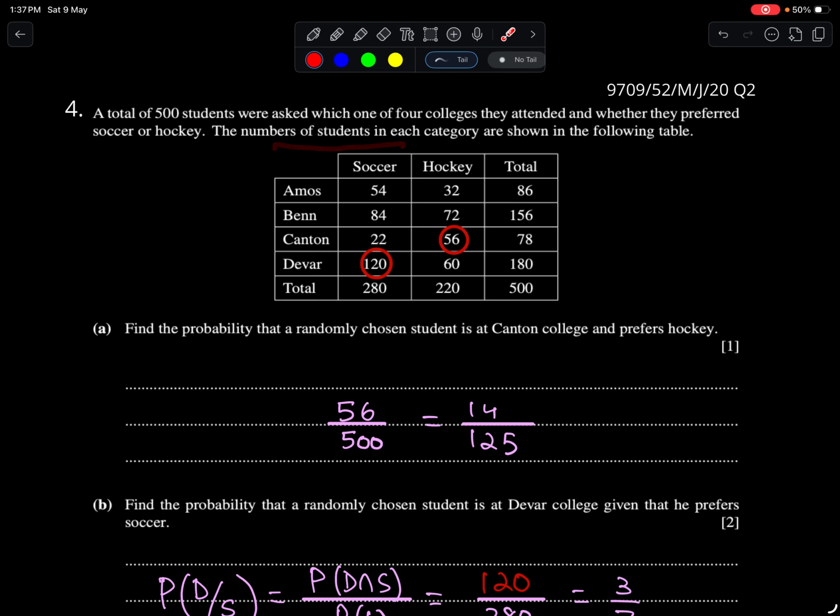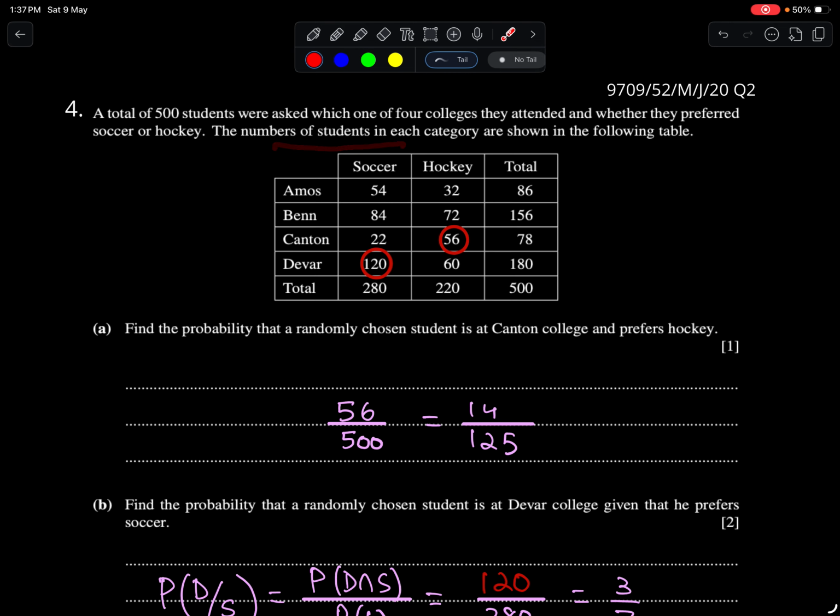Hockey A, 86, right? Hockey A or B. So just get this total.